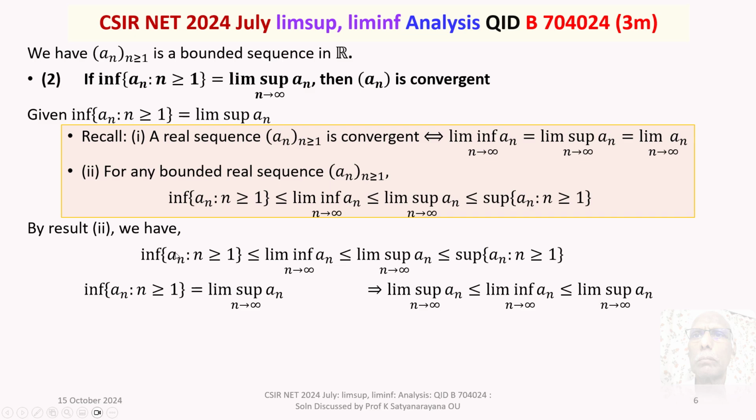Now substitute here: in the place of infimum of a_n, we write limit superior a_n. So limit superior a_n is less than or equal to limit inferior of a_n, which is less than or equal to limit superior of a_n.